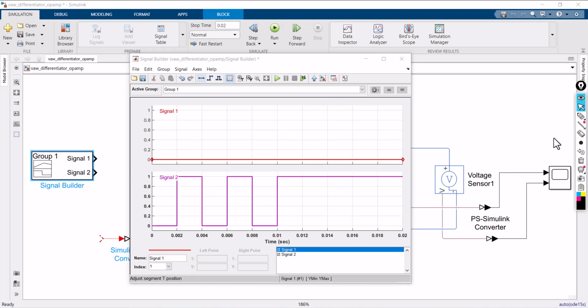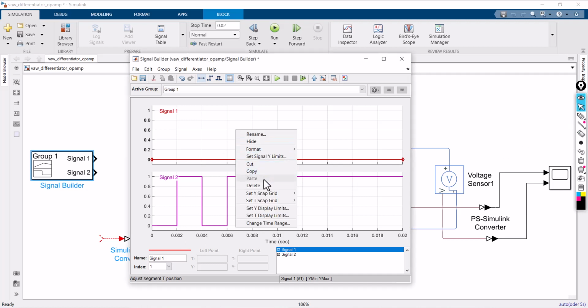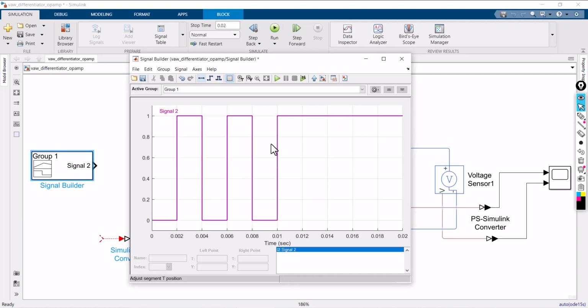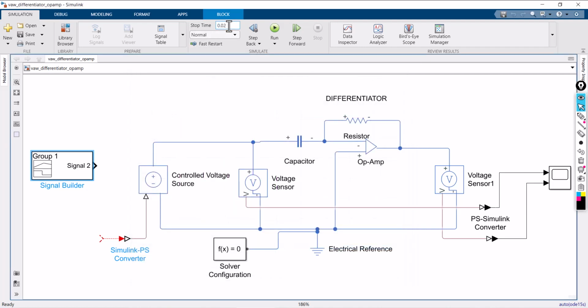So if you look at this, take the second signal, this will give you square input. Delete the first one. Of course, whatever the value I am choosing, it's only for 0.01 seconds. Okay, so accordingly you can change the stop time, close it, change the stop time as 0.01.